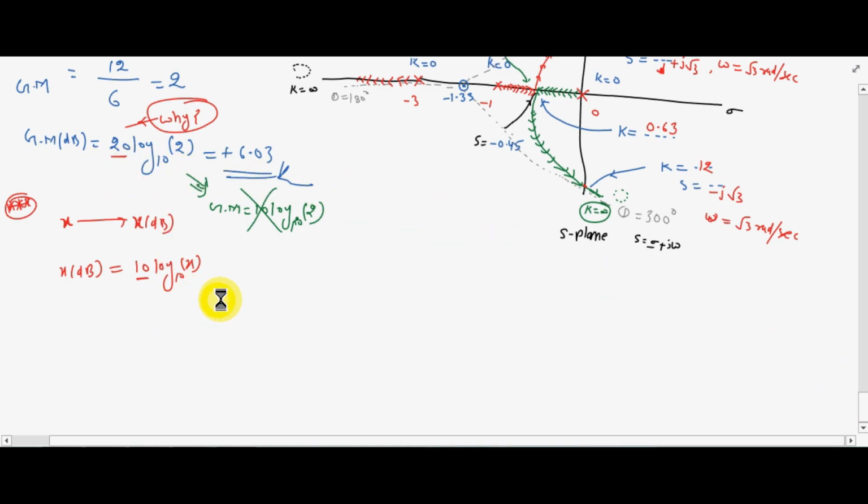Now see, dB is the unit of power. What is the dB? dB is a unit of power.